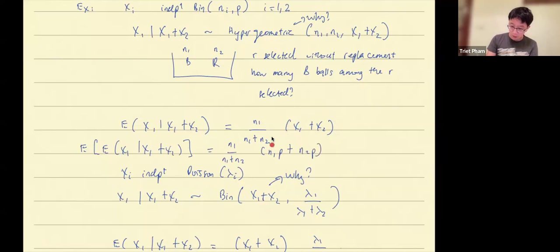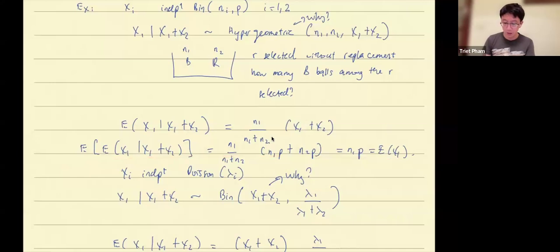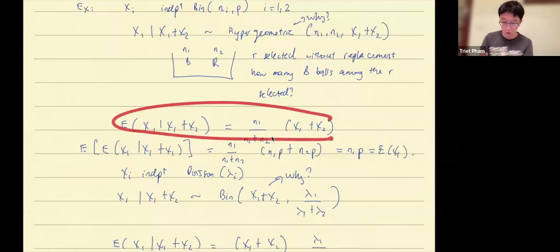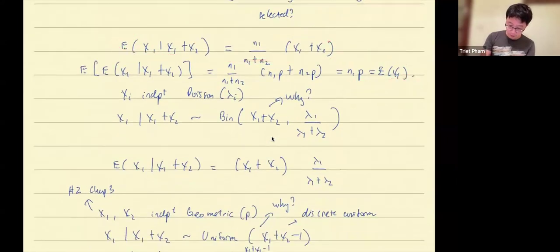And you see n1 plus n2 cancel, leaving you with n1 p, which is correct because this is exactly the expectation of x1. So what we're doing here is just showing that the formula is correct for this case, as long as you derive the correct distribution here, everything is correct.